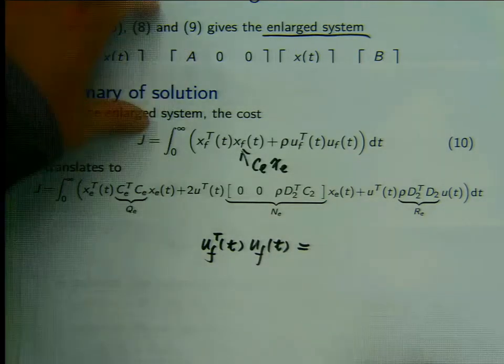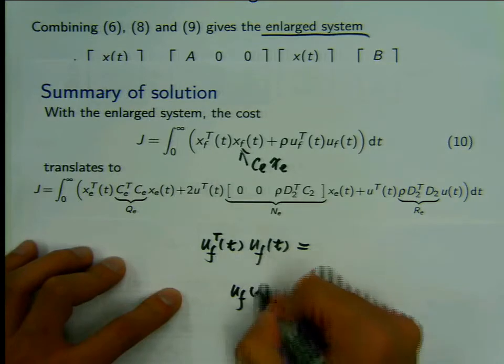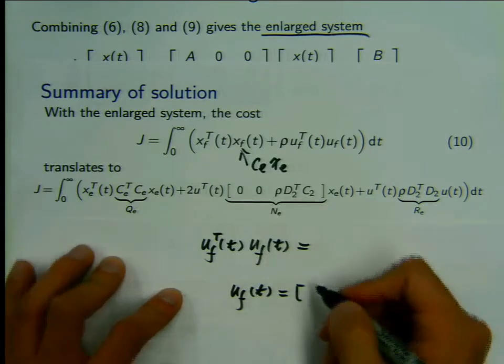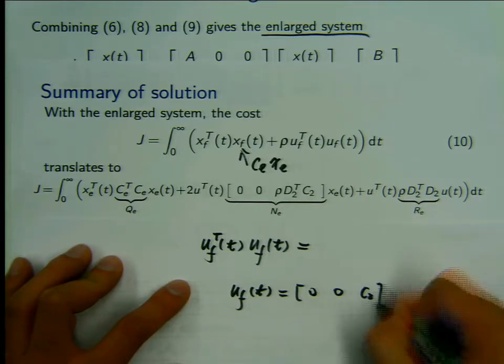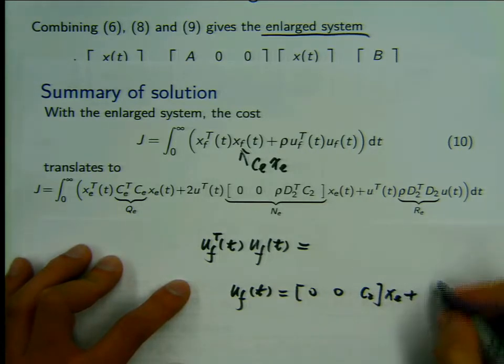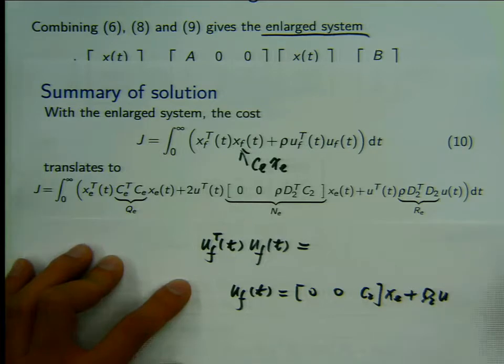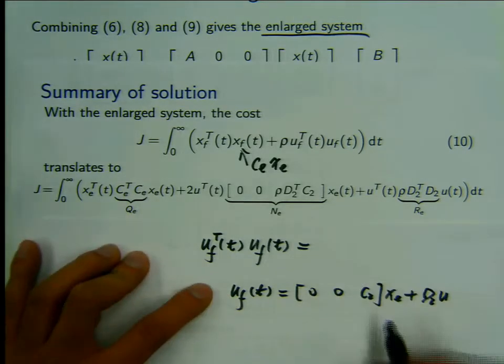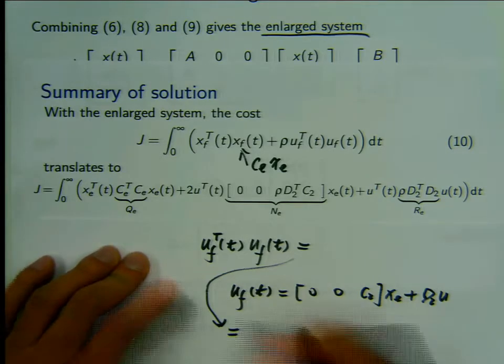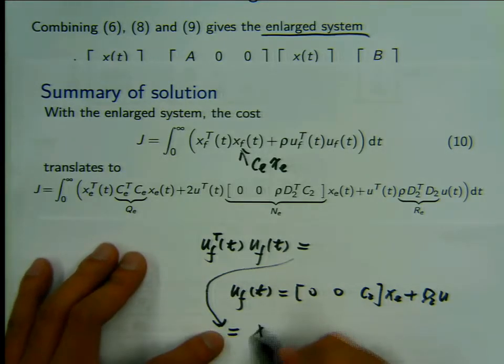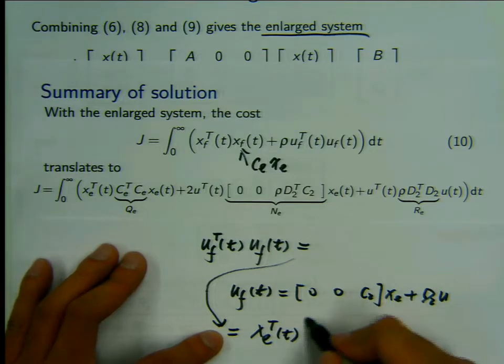We have expressed uf as a function of the state, which is 0, 0, C2 xe plus D2 u. So put it here. We're going to get, first of all, xe transpose, then this inside.